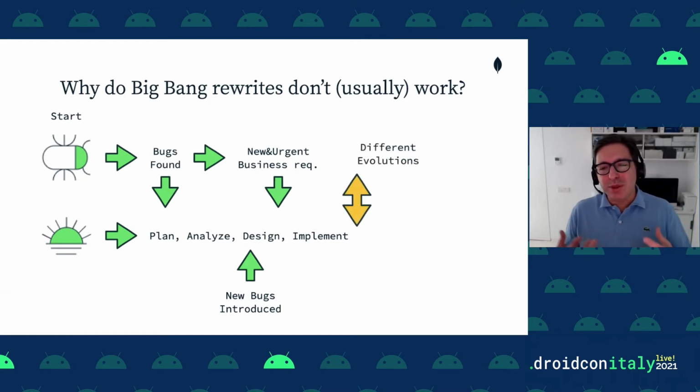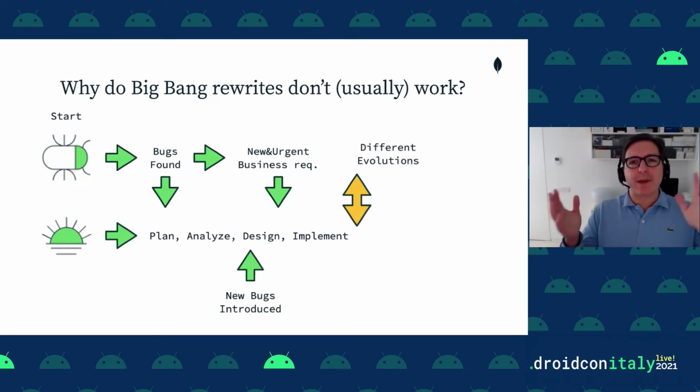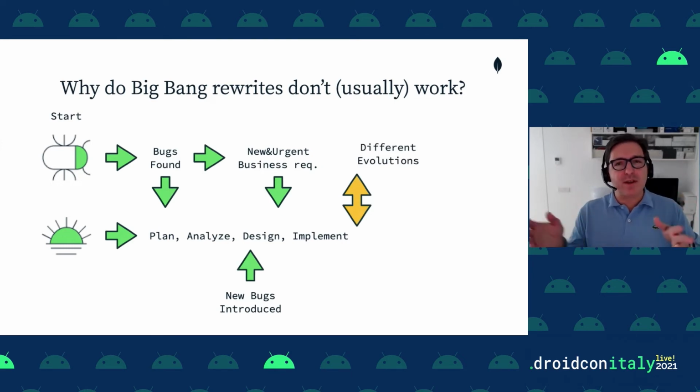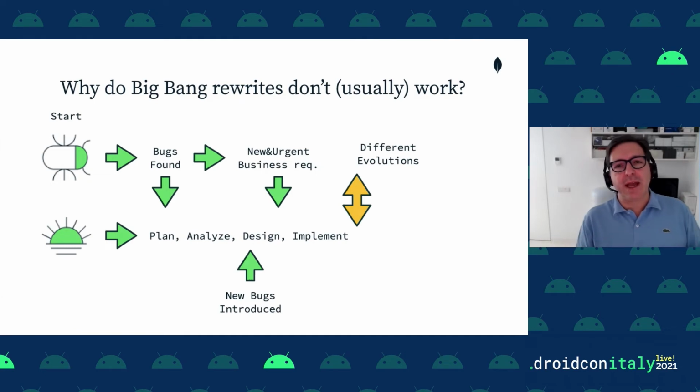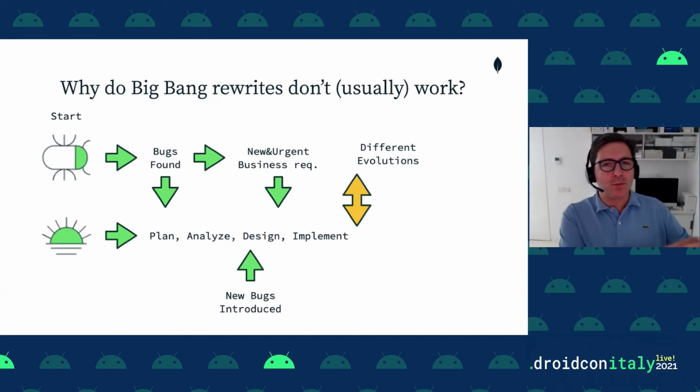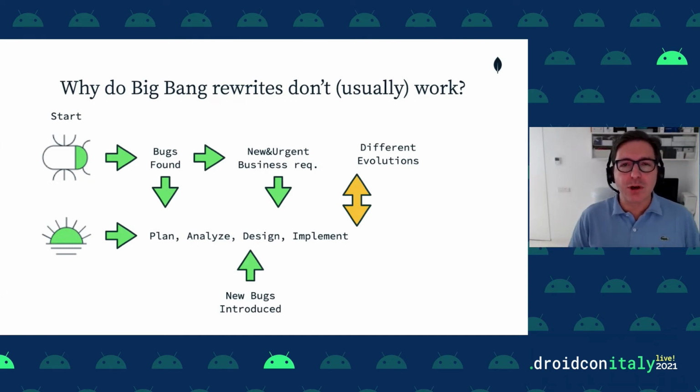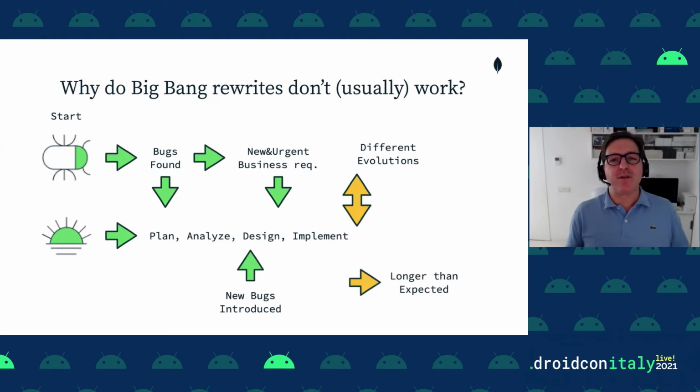And the truth is that these two applications have very different evolution paths. So by the end of this process, they are probably quite different, and it is challenging to move from one to the other. Not only that, the promise of writing this, it doesn't matter how long you estimate that this is going to take, it will always take longer than expected.